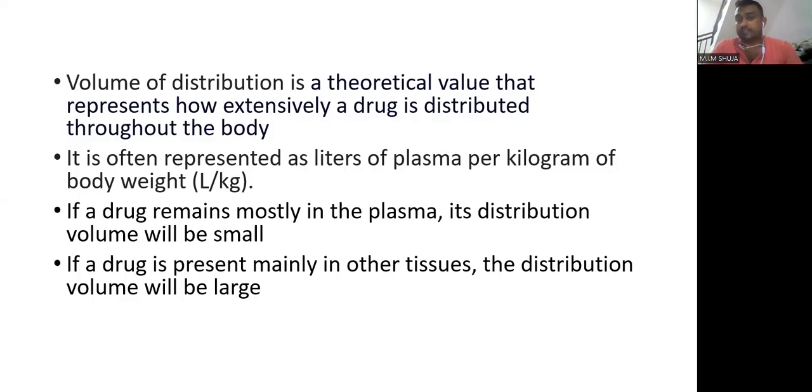It is often expressed per kilogram of body weight. So that means the volume of distribution is measured in liters per kilogram of body weight. If a drug remains mostly in the plasma, the volume of distribution is low. If a drug remains mainly in the other tissues, the volume of distribution is large.